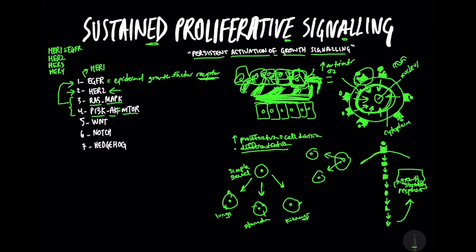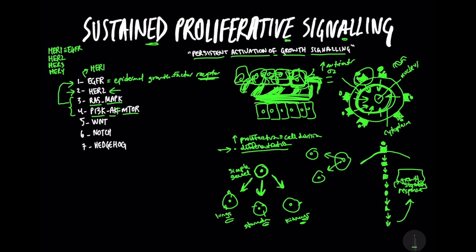So different types of cells can arise from one original cell, and HER2 in normal cells is involved in differentiation. These arrows refer to the process of differentiation.